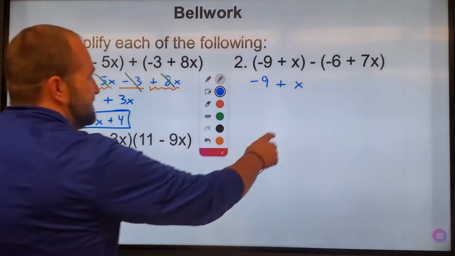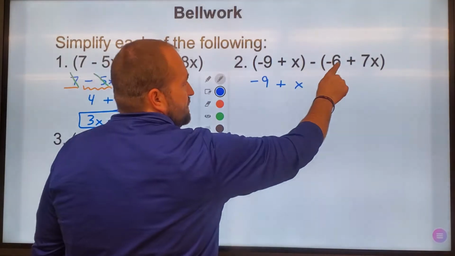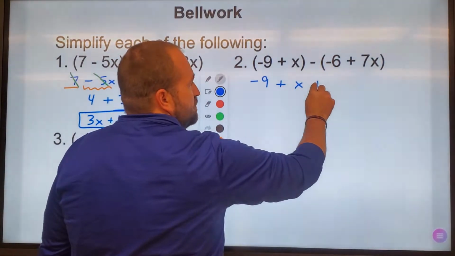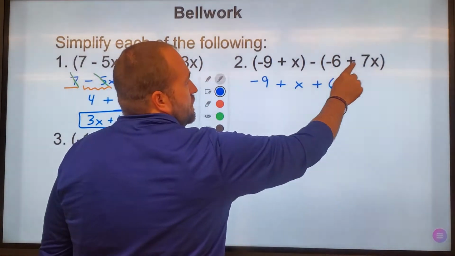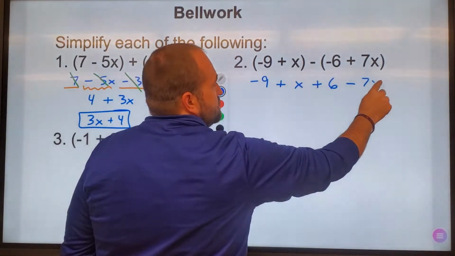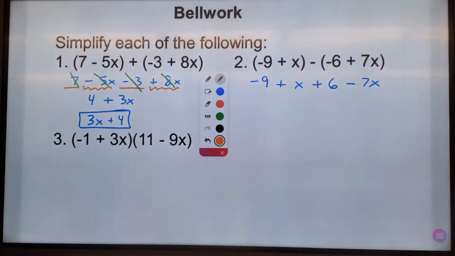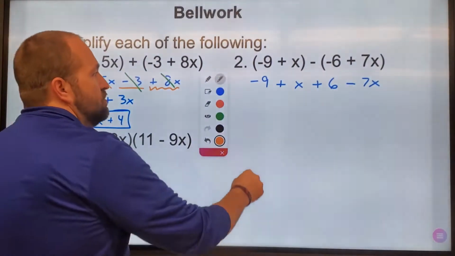But again, this is telling me to change the signs inside here. So minus a negative 6 becomes plus 6. Plus 7x becomes minus 7x. Okay, and then again from here, my suggestion is to underline things in a similar fashion that are like terms.